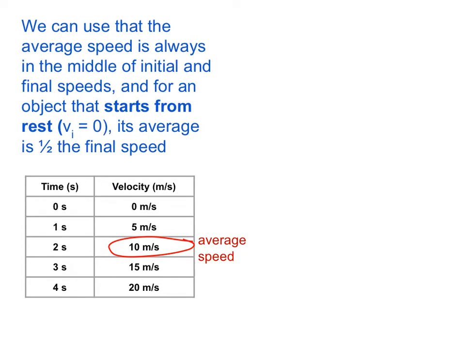Well, what we actually end up needing to use is the average speed. So if you can figure out how fast on average an object is going during the time that you're interested in, you can actually determine the distance that it travels. But there's also a way of developing a formula that incorporates the value of acceleration that we've talked about before.